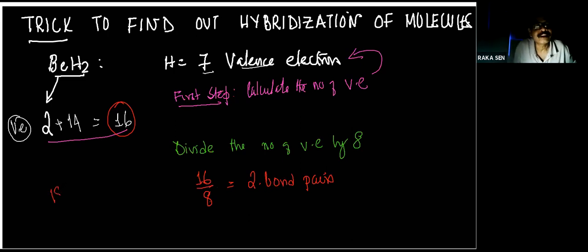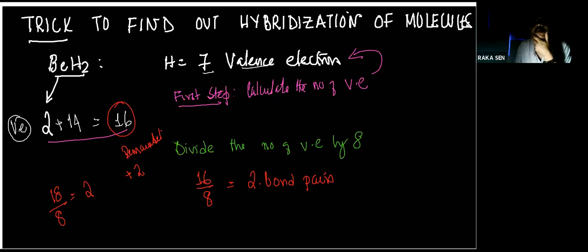Suppose the total number of valence electrons in some other case is 18. You are going to divide it by 8. If we divide 18 by 8, 2 will go, 8 twos are 16, and 2 will be the remainder.